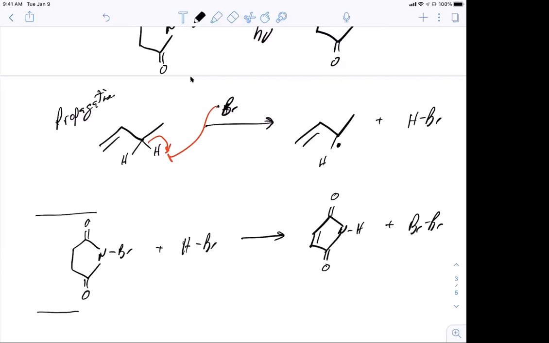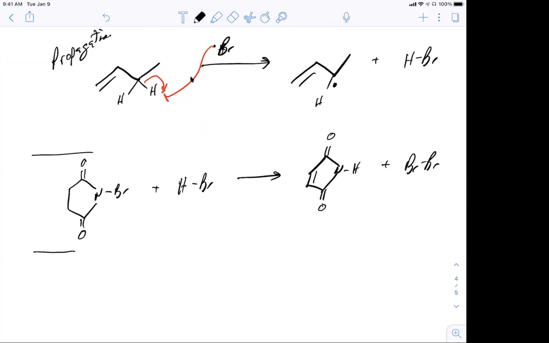So once we formed a little bit of HBr, that trace amount of HBr starts to react with the NBS to give us trace amounts of Br2. Okay, not high concentrations, but small amounts of Br2. That allows us to give a second step of the propagation that does what we want with propagation, which is a cyclic process.